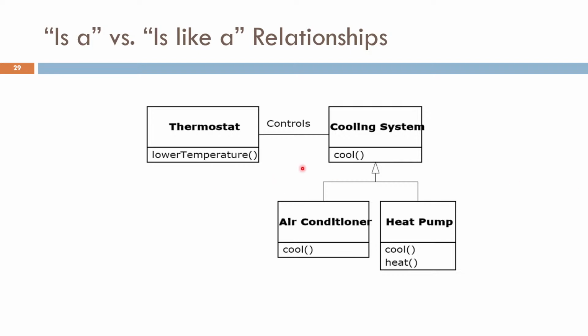As we can see here, our cooling system has the same functionality as our air conditioning system. If your base class is not exactly the same as the derived class, meaning that they do share similarities, but the derived class has additional functions, this is going to be an is-like-a relation.